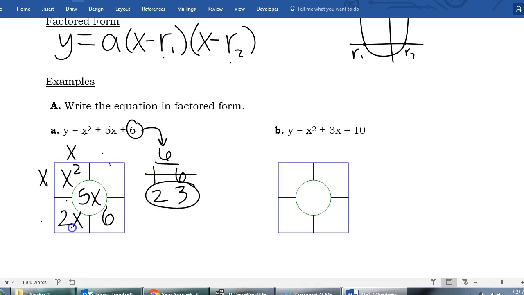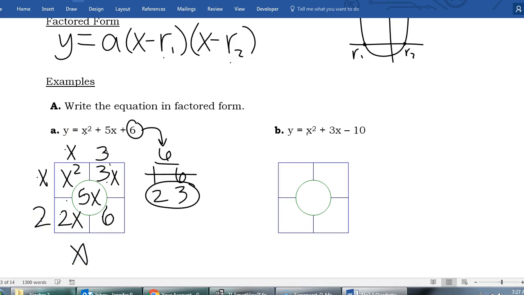So I'll have 2x and I'll have 3x. Doesn't really matter in this situation where the 2x goes versus where the 3x goes. But to get this number on the outside, I would say what times x gives me 3x, and that would be 3. What times x gives me 2x, and that would be 2.